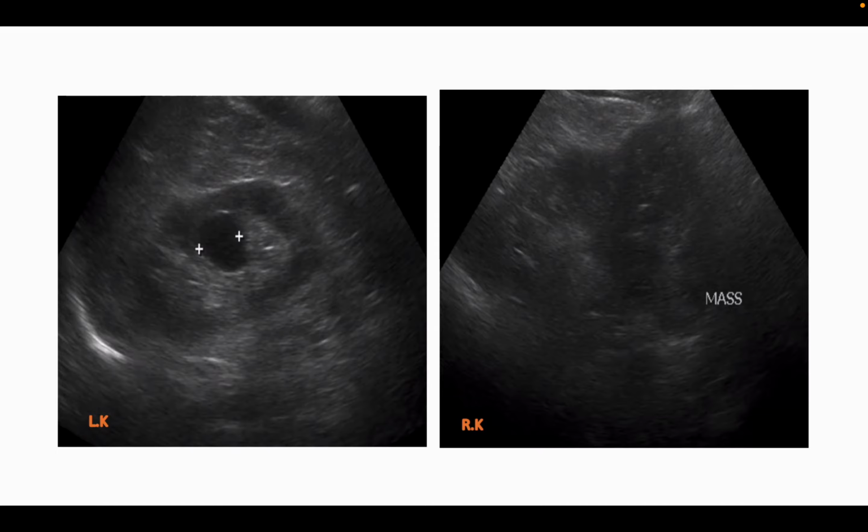There is no evidence of any hyperechoic structure or calculus, or any evidence of fullness or hydronephrosis. So on the left kidney, it's likely to have a simple cyst in the interpolar region. On the right-sided image, we have the image of the right kidney.